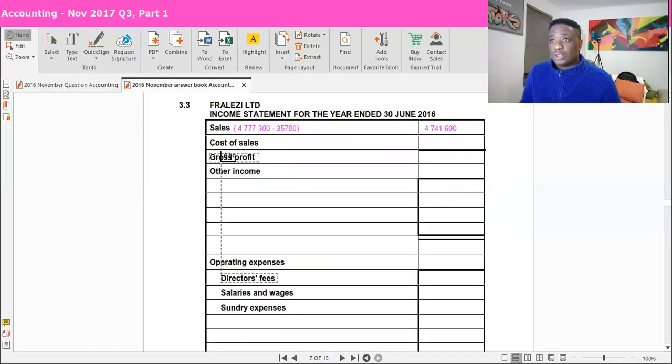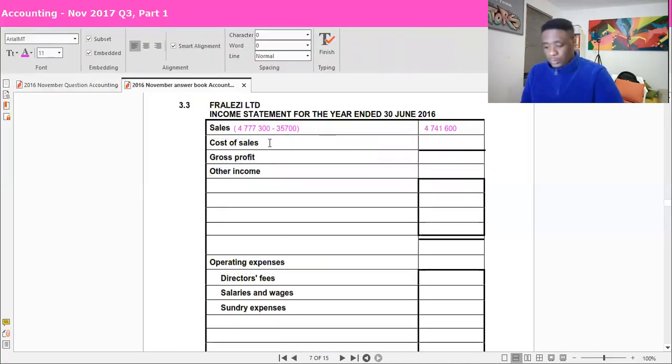So we take the sales amount of 4,741,600, plus 297,200, and then we divide this by 1.7, and that would give us a cost of sales amount of 2,964,000.